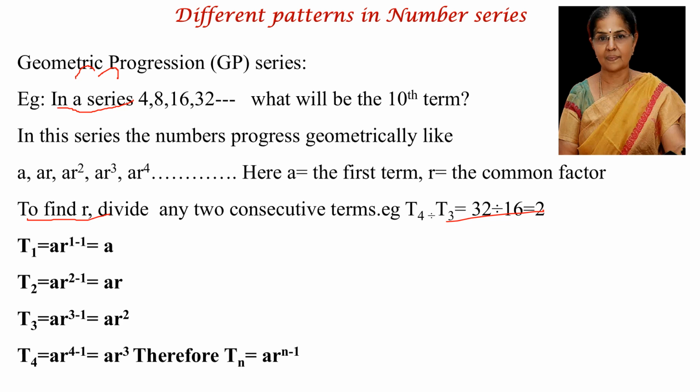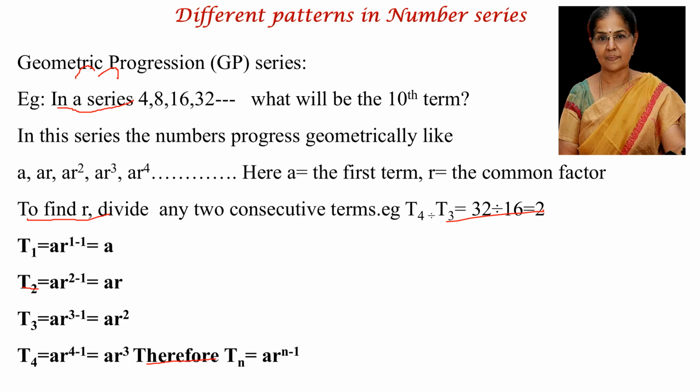And the formula here for the nth term is: nth term is equal to A into R raised to n minus 1 time. How do we get this formula? For the first term, T1 is equal to A R raised to 1 minus 1 time, that is equal to A. The second term T2 is equal to A R raised to 2 minus 1 times, that is equivalent to AR.